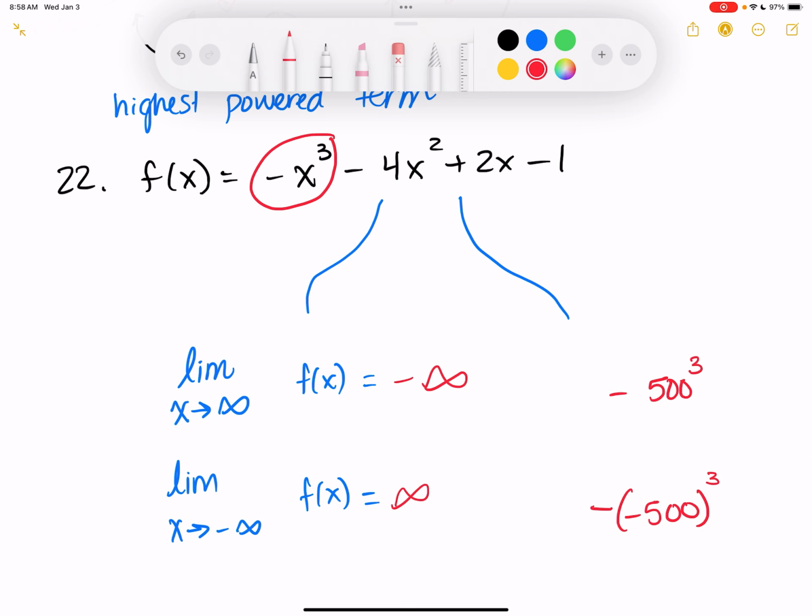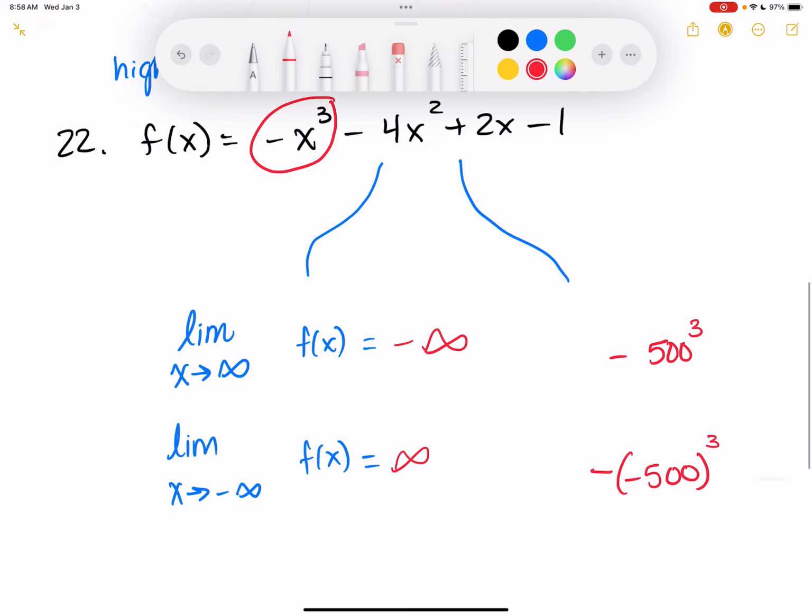So these go opposite directions. So as x gets really, really small, meaning it's going to negative infinity, the graph is going up to positive infinity. So this would be how I knew that the graph looked like this. And then as x goes to positive infinity, so as x gets really, really big, it's going down to negative infinity. Okay?